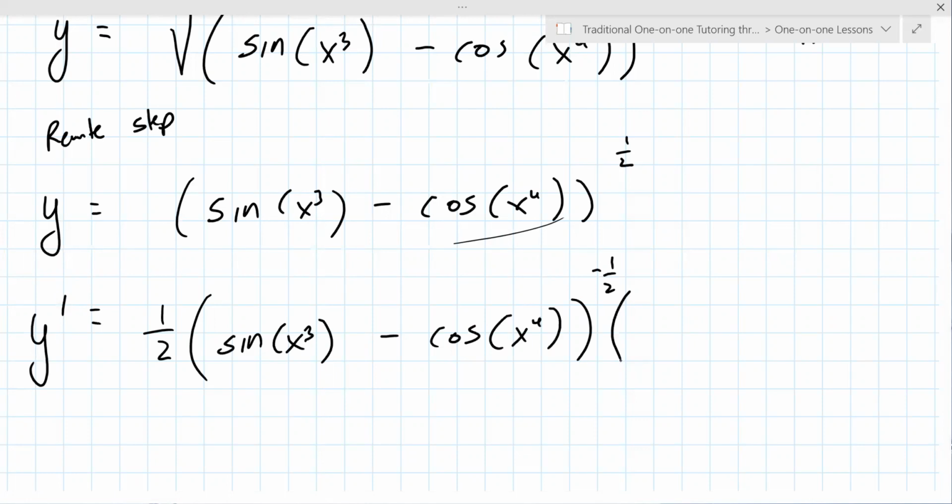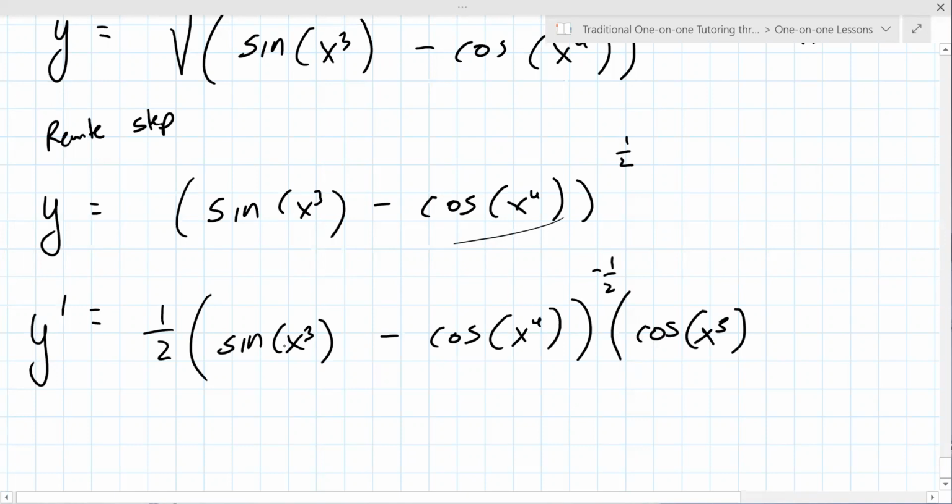Then parentheses. Then cosine of what goes inside. Keep it. But then you have to take the derivative of the inside function.